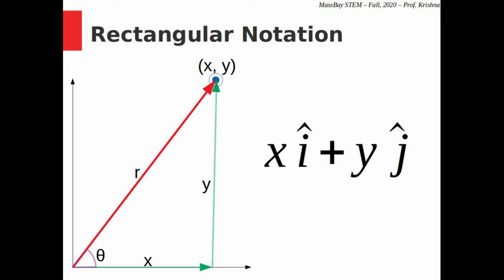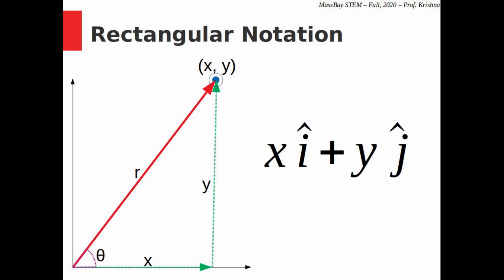This system is called the rectangular notation for vectors. In rectangular notation, we put the initial point of the vector at the origin. The vector is identified by the x and y components of its terminal point. We usually use the terminology i hat to represent the x component and j hat to represent the y component.